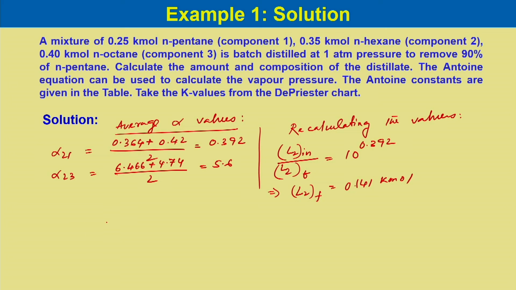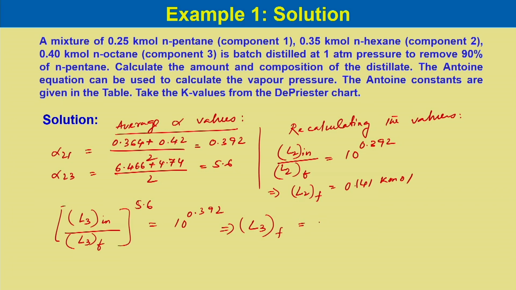Similarly, L3 initial divided by L3 final to the power 5.6 is equal to 10 to the power 0.392, and from here we can get L3F is equal to 0.340 kilomole.